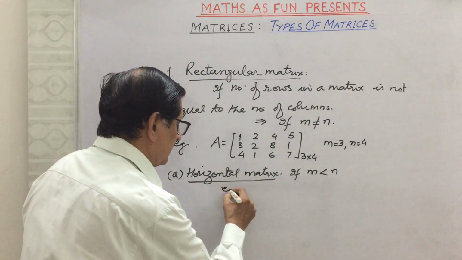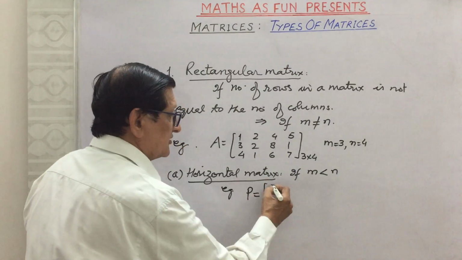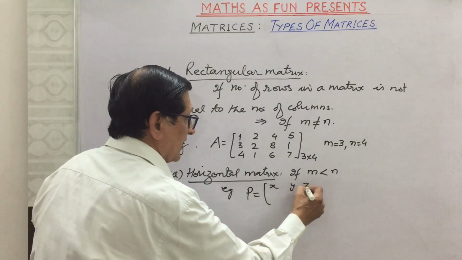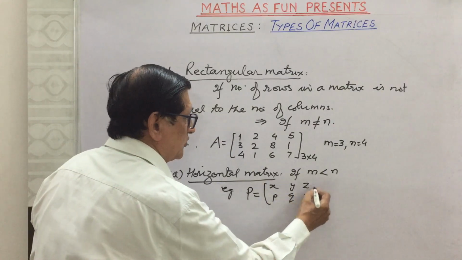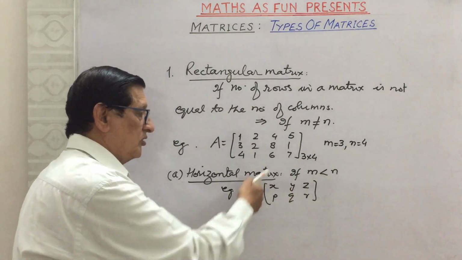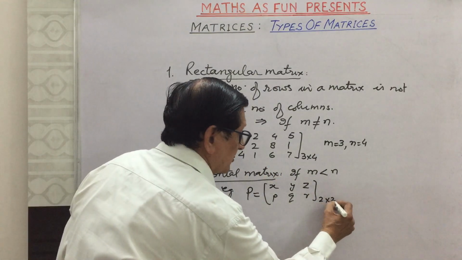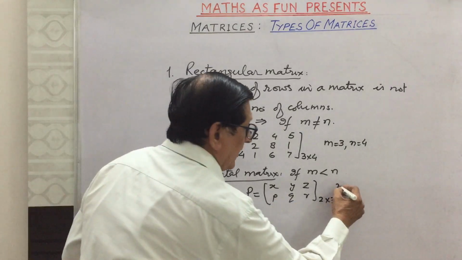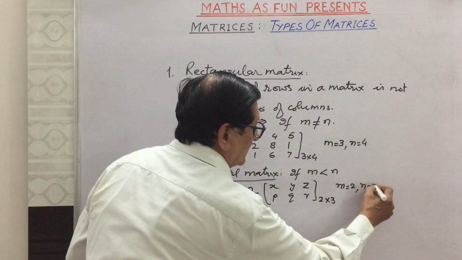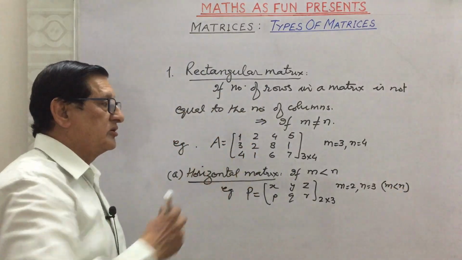For example, we have a matrix P, the elements in this are X, Y, Z, P, Q, R. Here we find the number of rows is 2, number of columns is 3. Order is 2 into 3. It means here we find M is 2, N is 3. M is less than N, so it is a horizontal matrix.